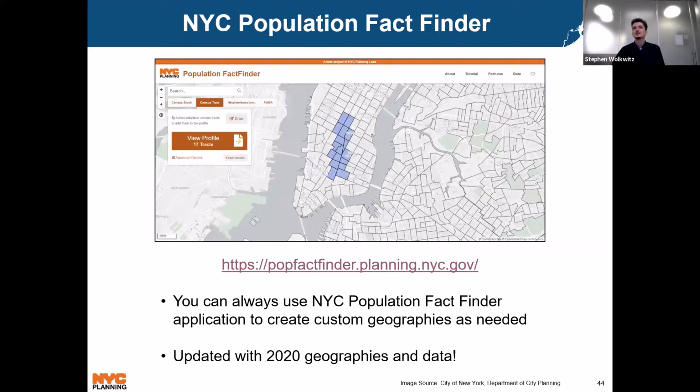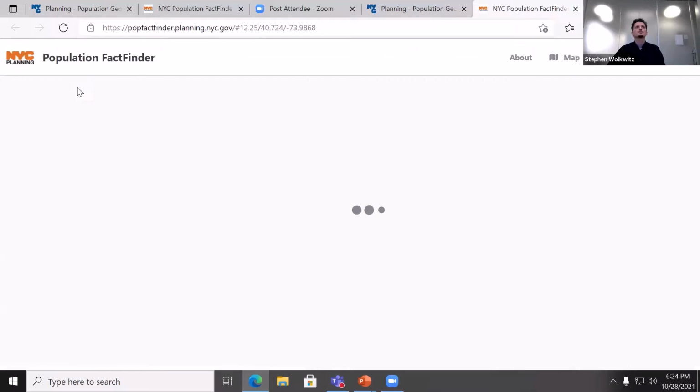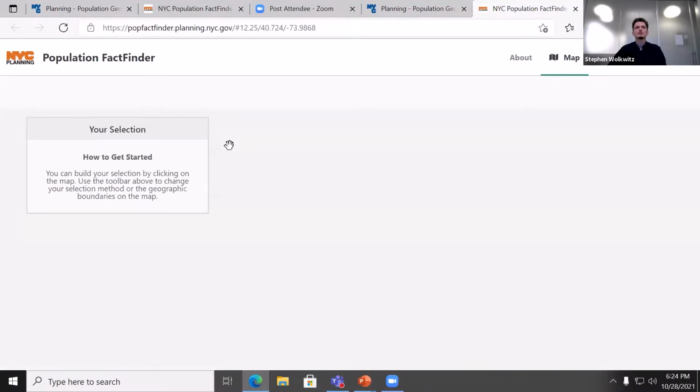So if you have a different study area that doesn't correspond to any CD or NTA, you can aggregate census tracts and calculate data for that on the fly, and download a CSV for your study area. This has been updated with the 2020 geographies and data. So I'm going to go there now and show you a little bit what it looks like.